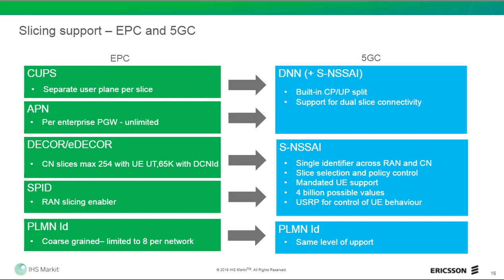There's a concept called APN, access point name, that can be used to logically partition the core. The SPID parameter that AJ mentioned, and there's also a standard called DECOR in the EPC area that we can use already in the 4G EPC regime, although it wasn't really called network slicing when it was created.